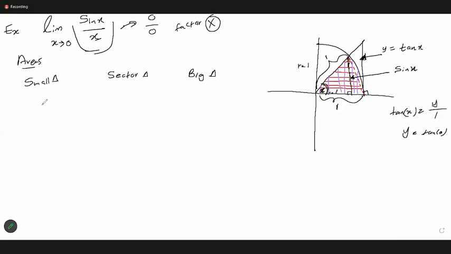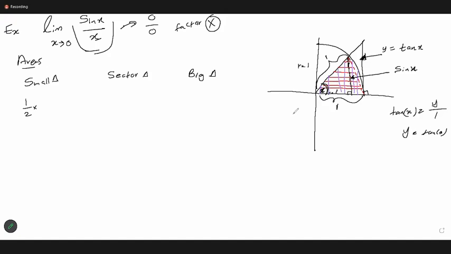Now I can write the area. Small area means this red colored one. Can you tell me the equation to find this area? Now you know all the details. What is the value? Sin x over 2, right? Yes. How to write it?